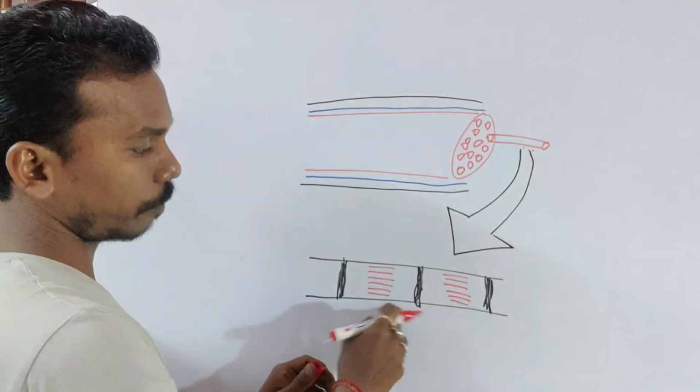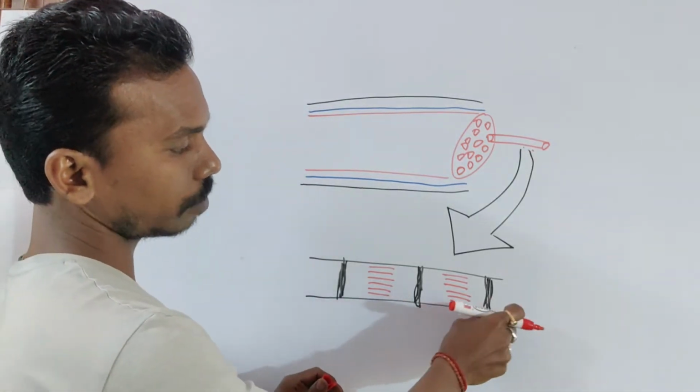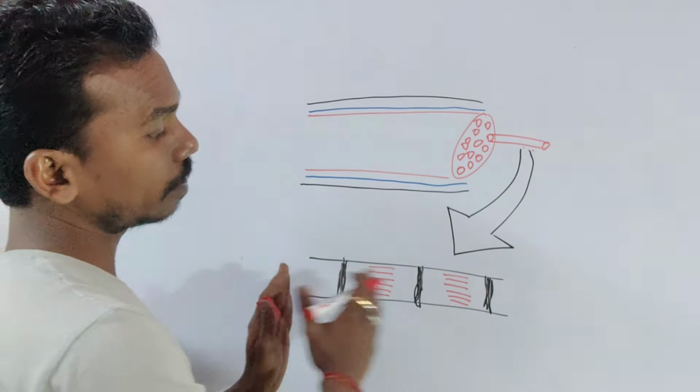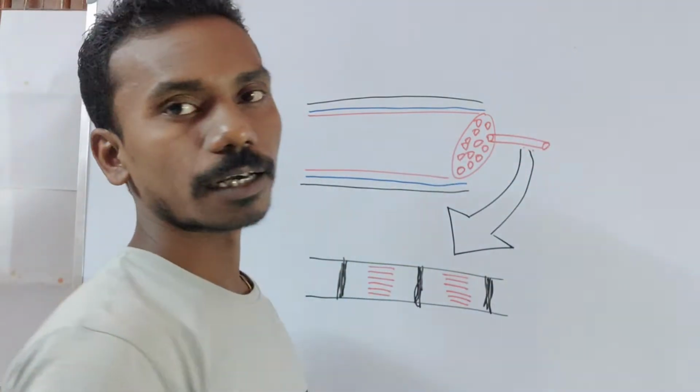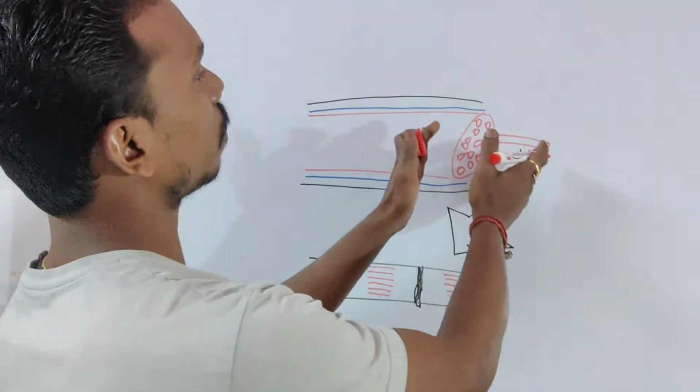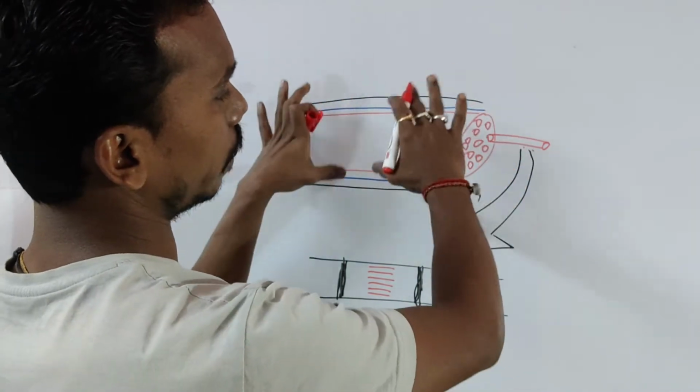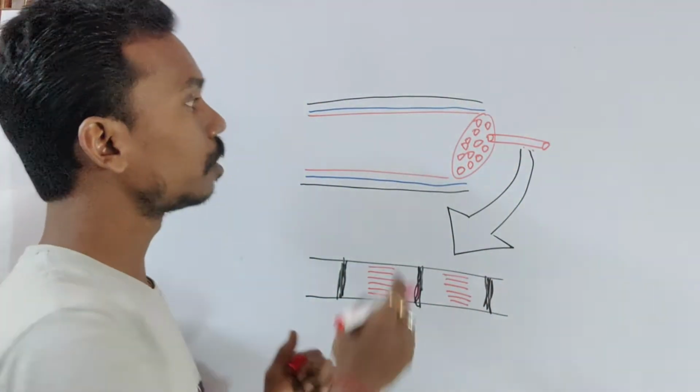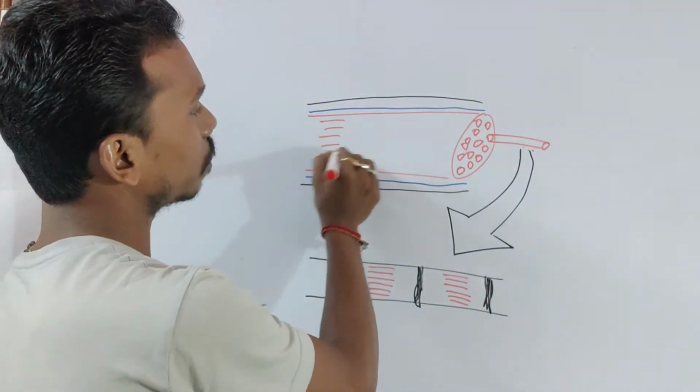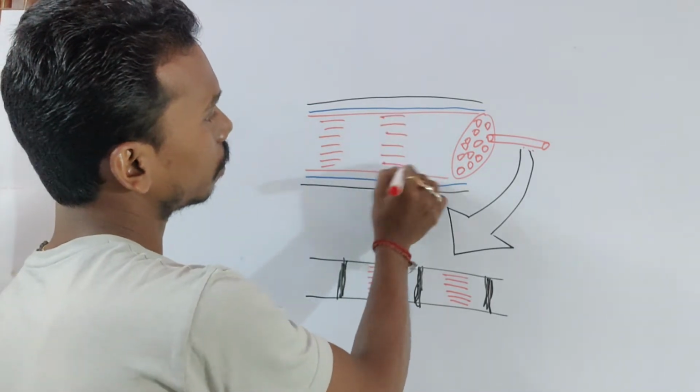So this is the dark band, then the light band, dark band, then light band. All this makes up this muscle fibril, and a bundle of muscle fibrils makes this muscle fiber. So you can see a muscle fiber like this.